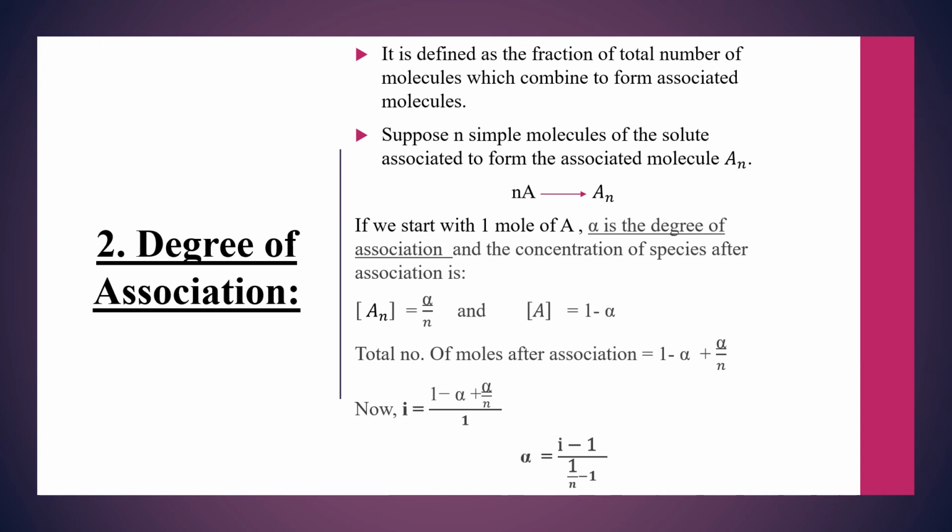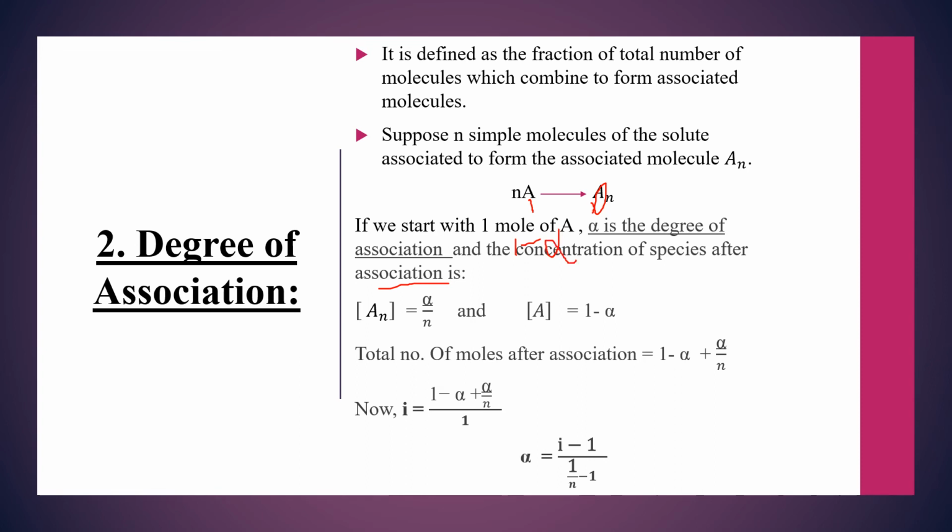If we start with 1 mole of A, then alpha is the degree of association, and the concentration of the species after association, A_n, will be equal to alpha by n, because initially it is 0.